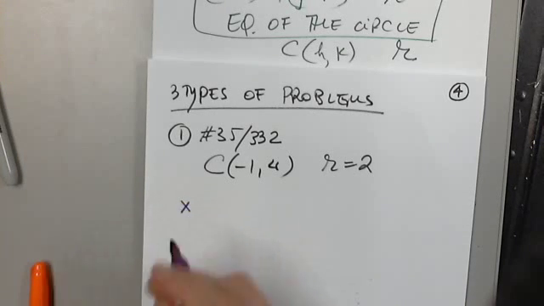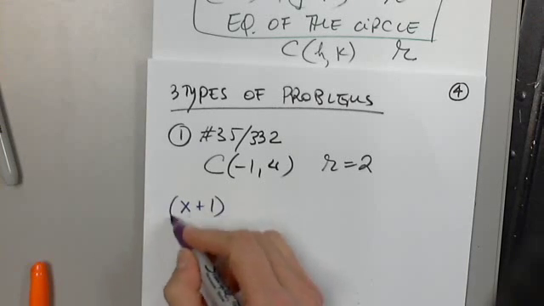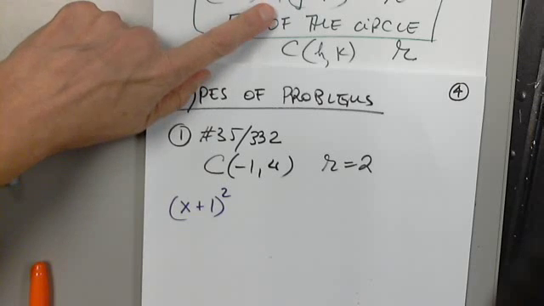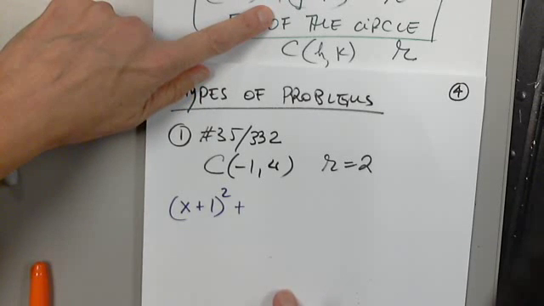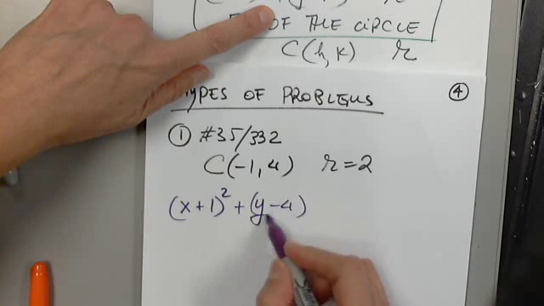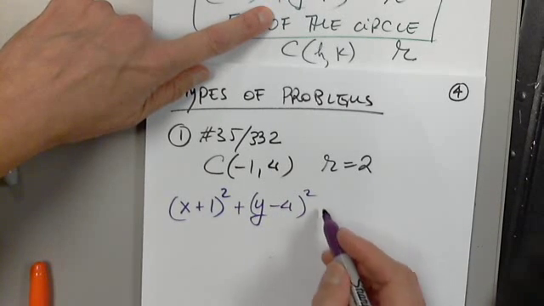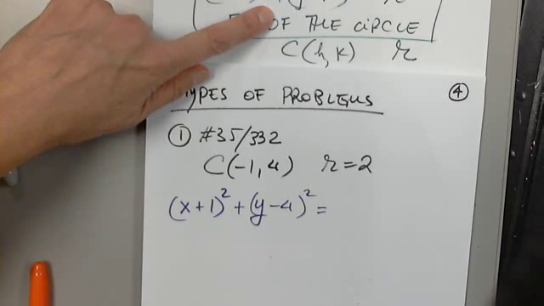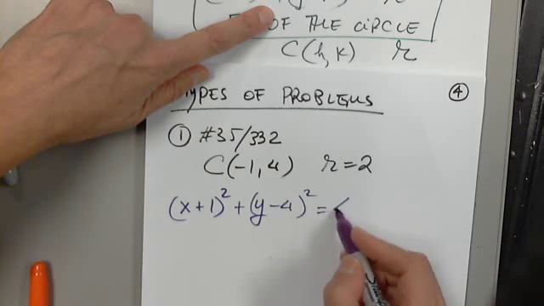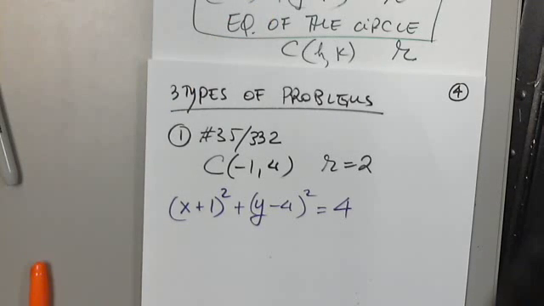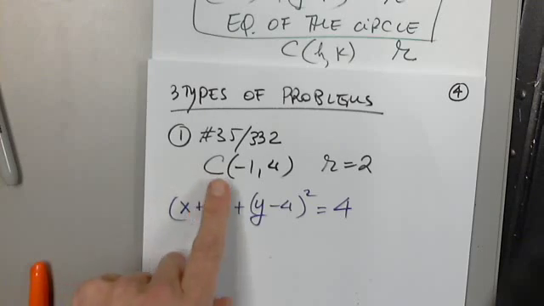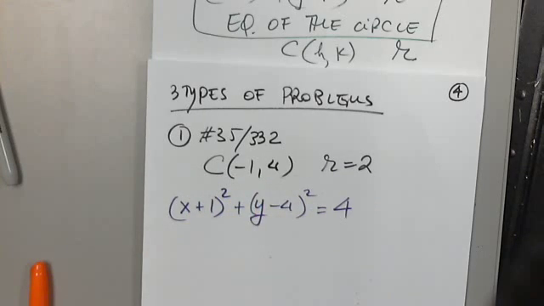Yes? Plus? Very good. Everything squared. Awesome. Equals? Which is? That's it. This is the equation of the circle with center -1, 4 and radius of 2.